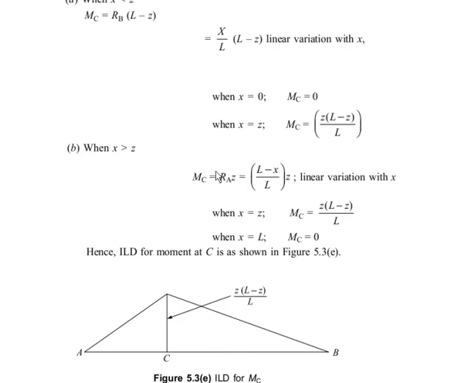We know the value of RA already, or we can calculate it from the figure. RA plus RB is equal to 1, and if you take moment about B, you get the value of RA.